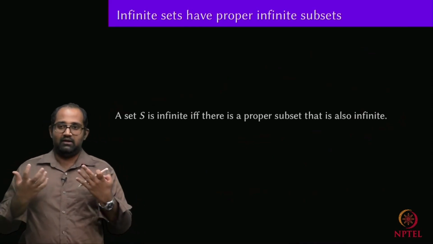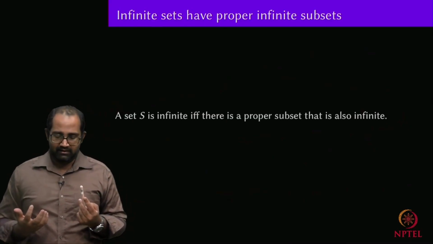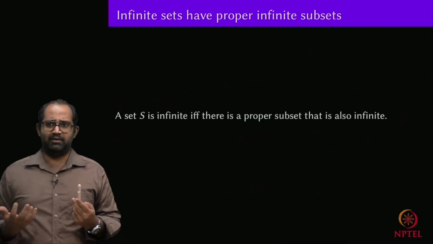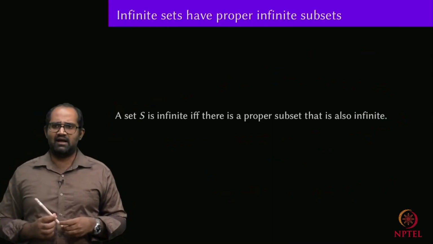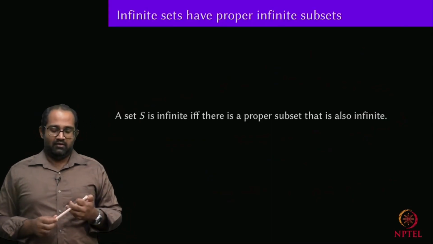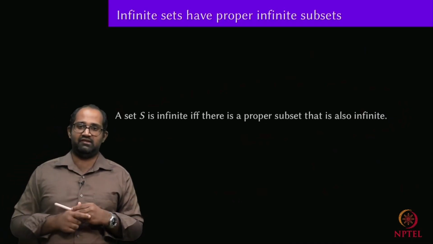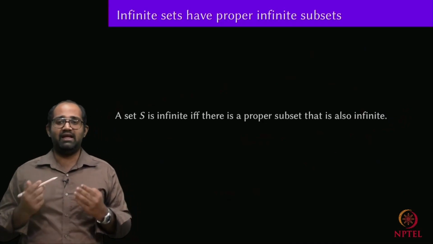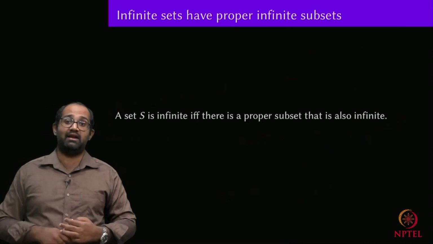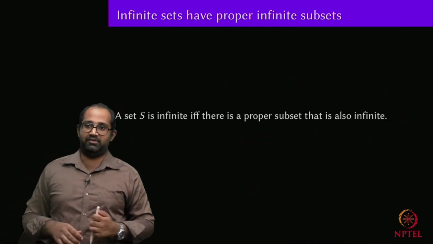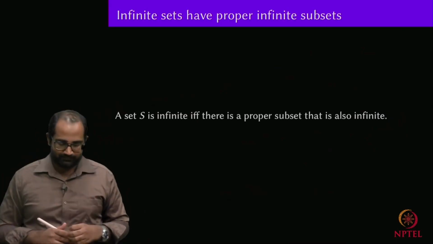Well, if you have a finite set, let's say of n elements, then by the pigeonhole principle, any subset is of cardinality that is strictly lesser. We will show in a while that a characteristic feature of infinite sets is that infinite sets have proper subsets that have the same cardinality. This is one of the steps in the exercise to get to that proof.